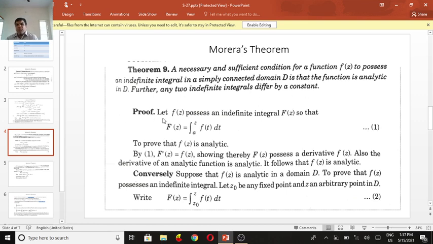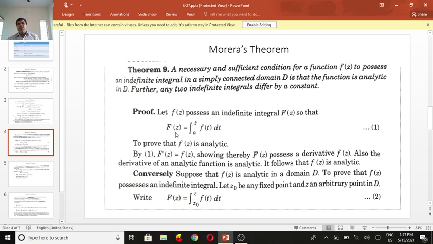First, we prove: let f of z possess an indefinite integral F of z, so that F of z is the integral from a to z of f of t dt. Here f of t dt is independent of path and curve.